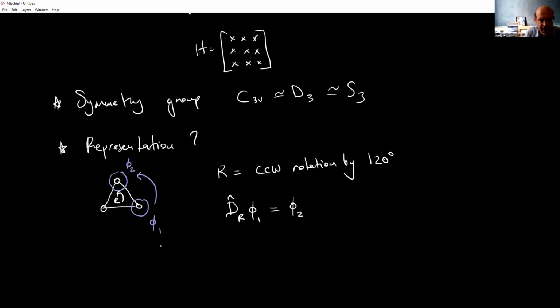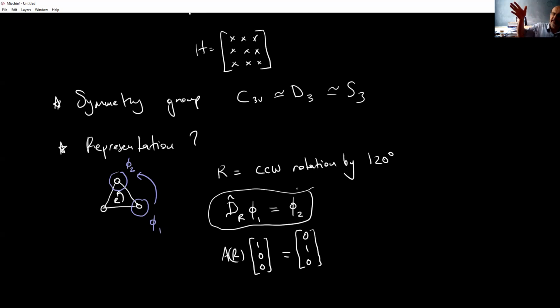So A of R applied on the column vector (1, 0, 0) gives me the column vector for phi 2, which is (0, 1, 0). So geometrically, you know how the rotation carries this orbital to some other orbital, and you express this geometrical operation in terms of these matrices. That's basically what we do.